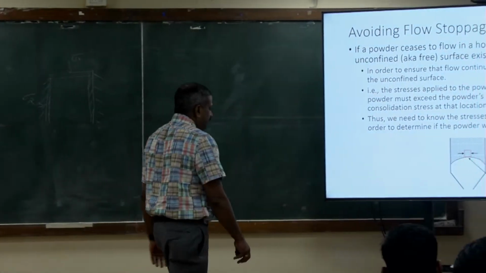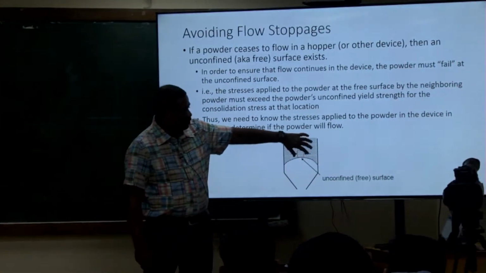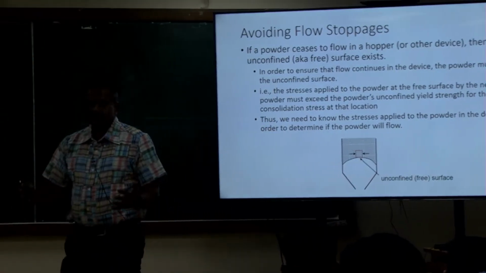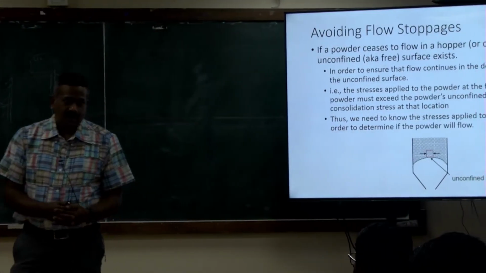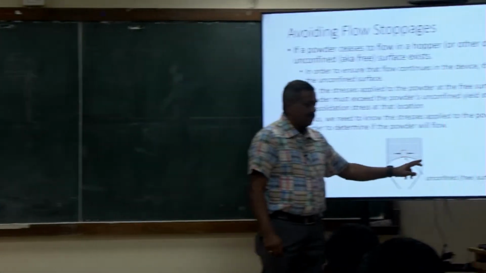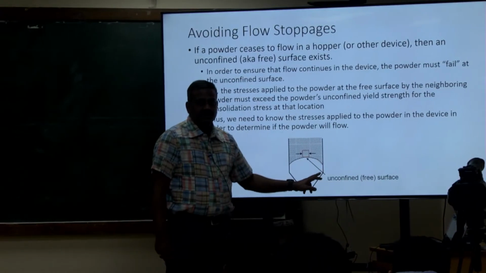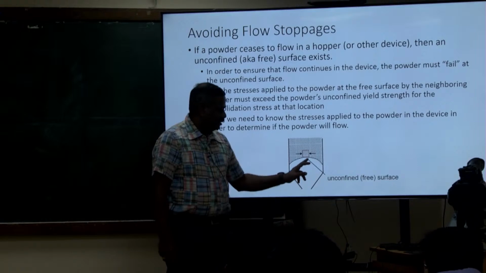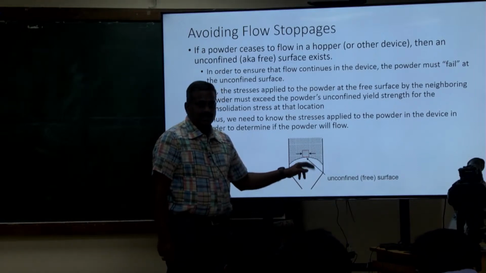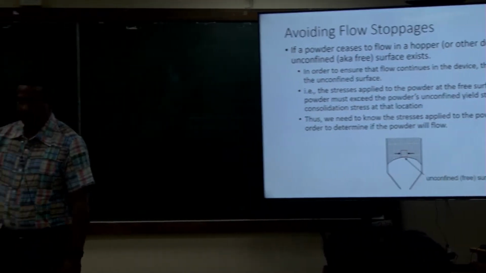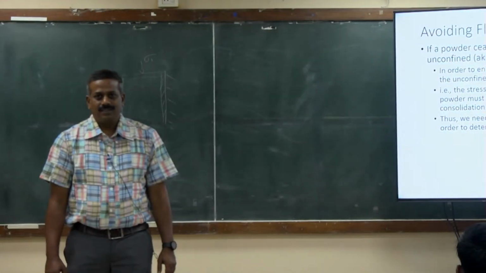So in general, that's what we try to find out: at different levels of the bin, what will be the stresses acting on the powder, and what will be the appropriate angle at which there is no unconfined strength building up in the powder. If you change this, the unconfined yield strength will change and the powder will flow freely. Is that clear? Any questions?